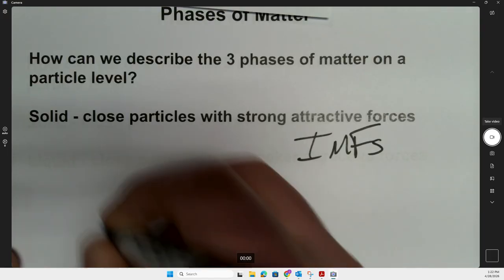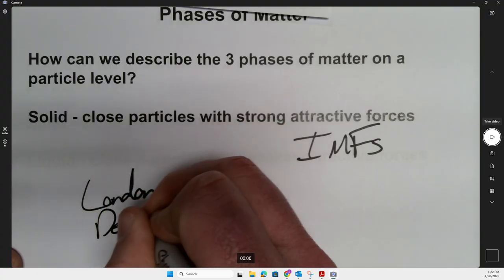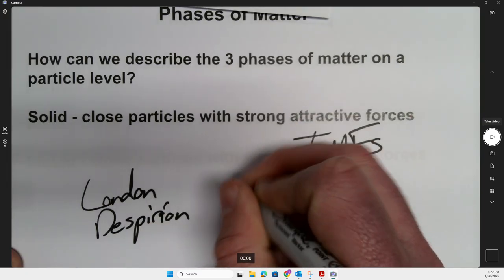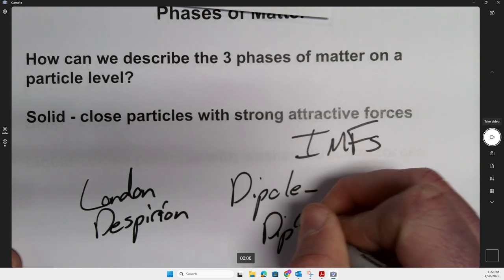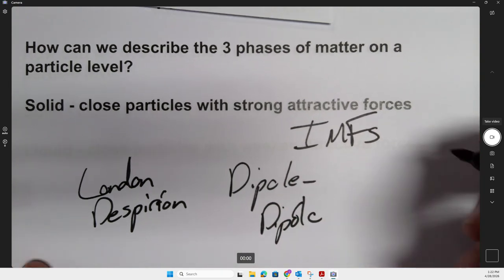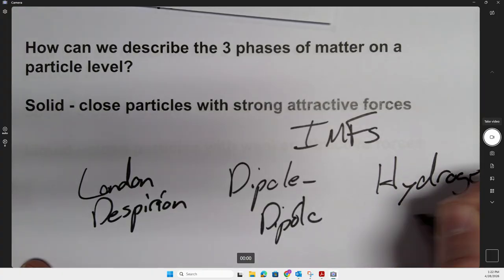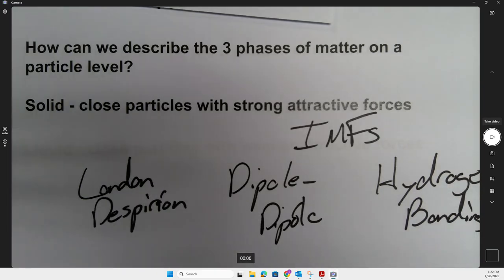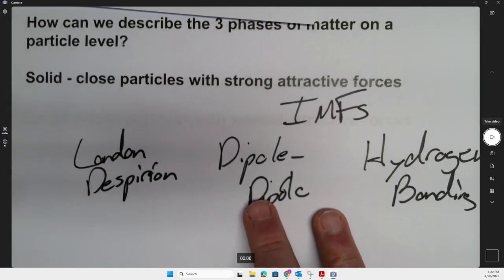Those are my London dispersion, my dipole interactions, and also my hydrogen bonding. These are the three main types of IMFs that we talked about in Unit 4.